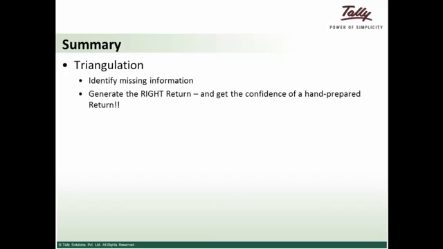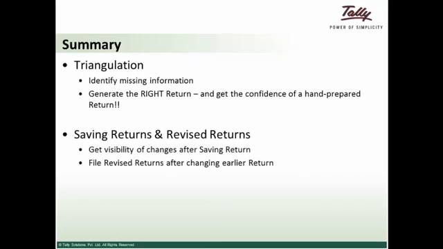The powerful triangulation report helps you identify which transactions have been considered for the return and which have not because of missing information, thereby helping in generating the right return. Saving returns and revised returns. We saw how a user can save his return and get visibility of all changes that happen after saving. Also, he is able to revise a return and then file the revised return, all in a simple manner.